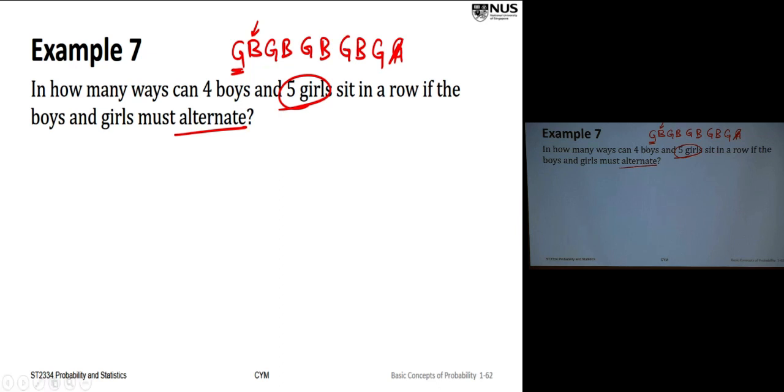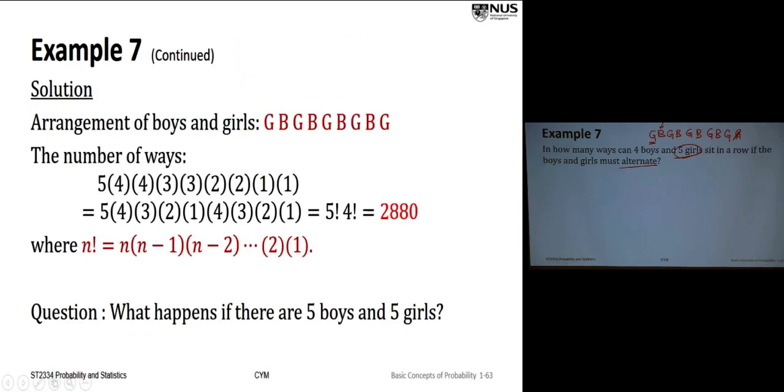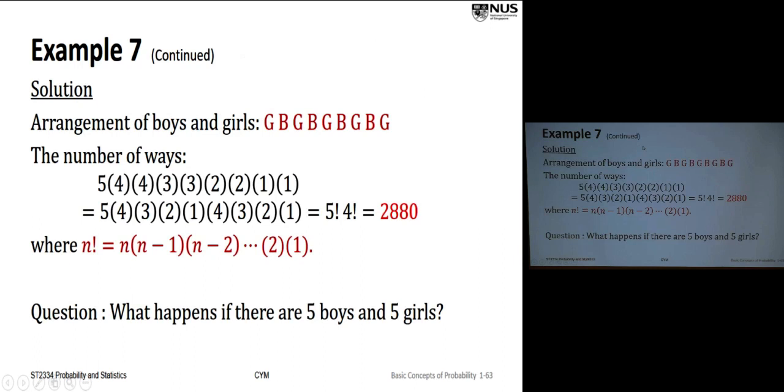So altogether, 5 times 4 times 4, 5 choices for this one. For each of these 5 choices, I have 4 choices for the boys, and then this one, the remaining 4 girls, and so on. So altogether, there are 2,880 ways to sit these 4 boys and 5 girls in alternate seats.